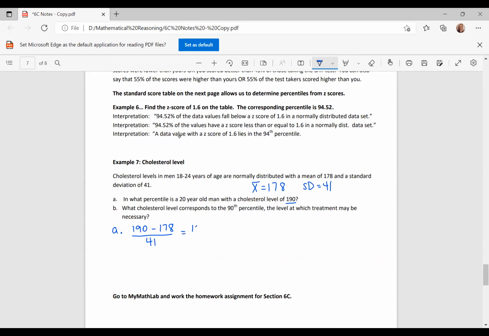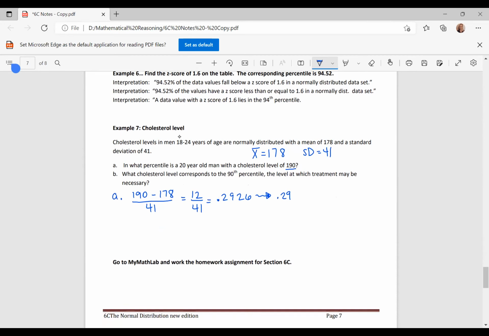You're going to get 12 on the top, 190 minus 178, and 41 on the bottom. When you divide these two, you get 0.2926. We would round that to approximately 0.29. And what we're going to want to do is go to our table.